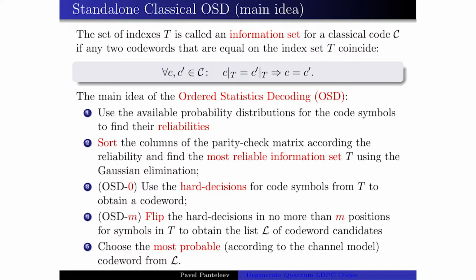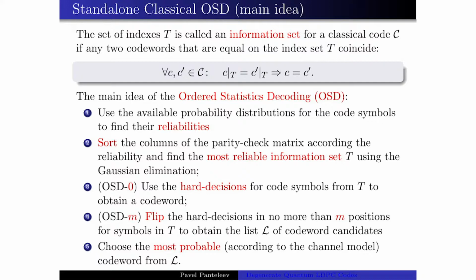The main idea of OSD decoding is to use the available probability distribution for the code symbols to find their reliabilities. Then you can sort the columns of the parity check matrix according to these reliabilities and find the most reliable information set. You can do it quite efficiently with Gaussian elimination, so it's not a big problem.